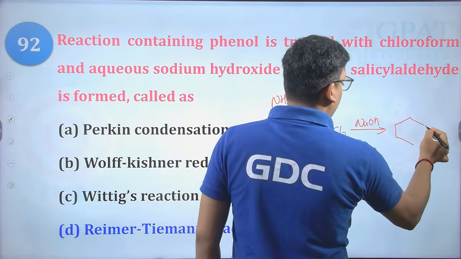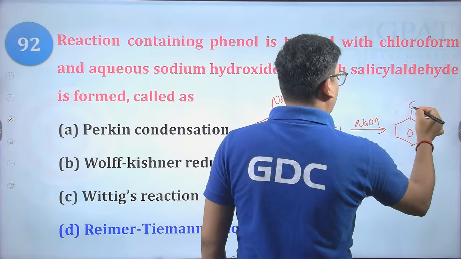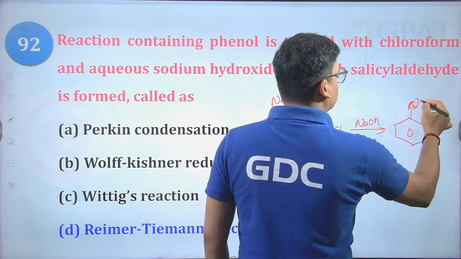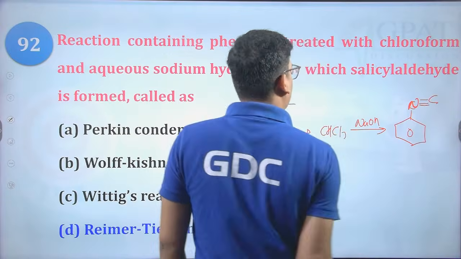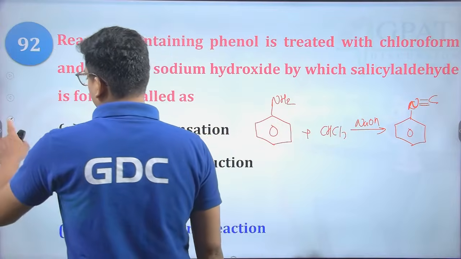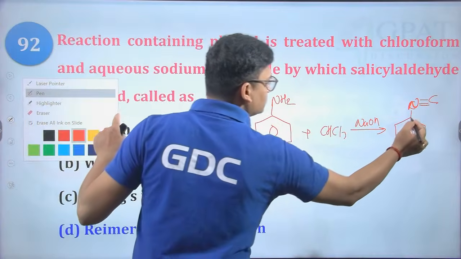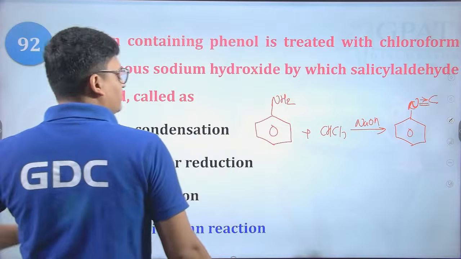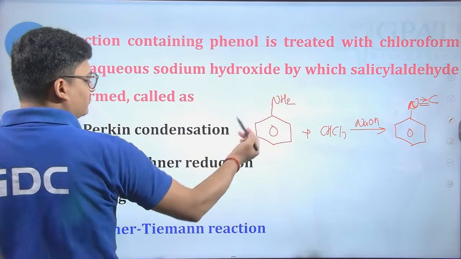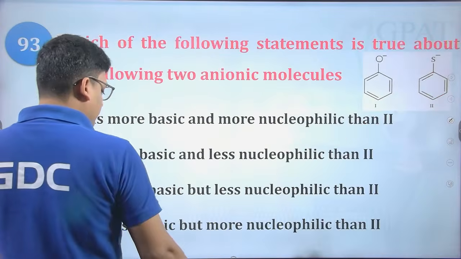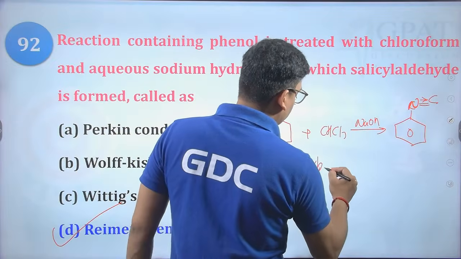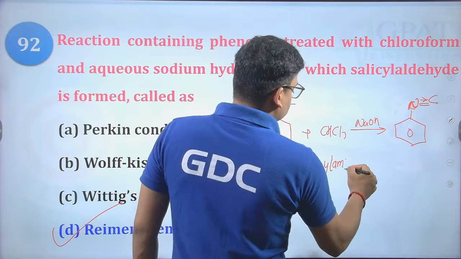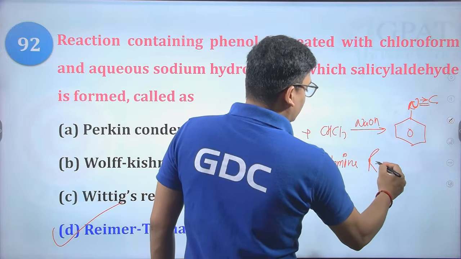Then we will be having carbylamine formation, that is isocyanide formation. Isocyanide formation will be seen. So the salicylaldehyde one is the Reimer-Tiemann reaction, and this reaction is known as carbylamine reaction.